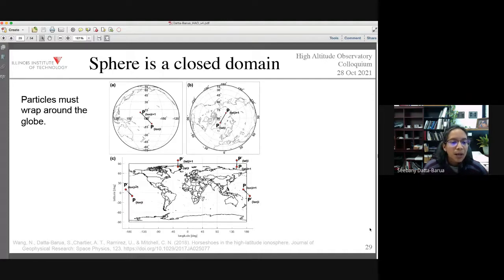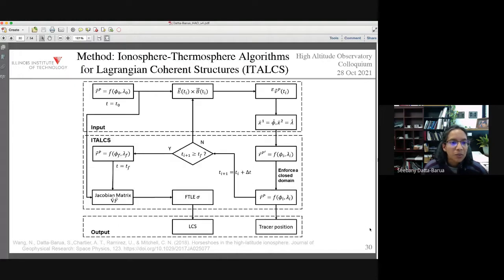And so in addition to the FTLE calculation, we need to make sure that those particles stay in our spherical surface domain. And so we've implemented all of this in a tool we call the Ionosphere Thermosphere algorithm for Lagrangian coherent structures, or ITALICS.